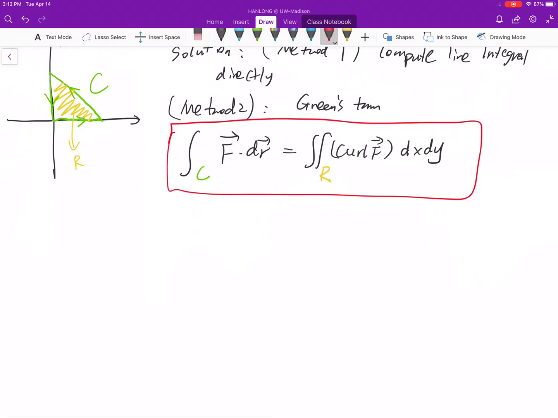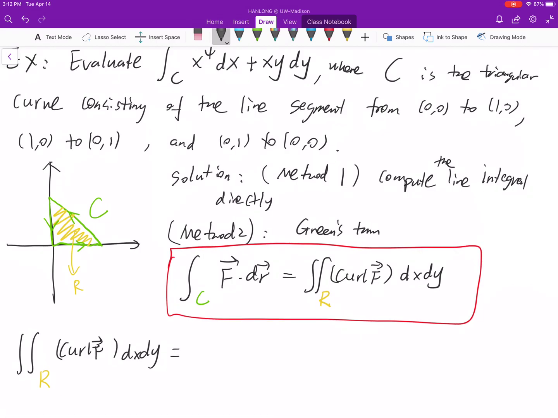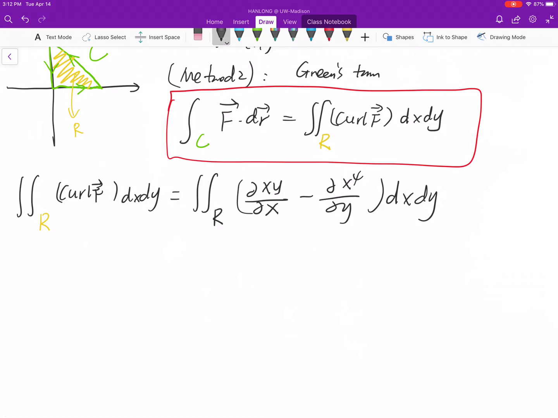Okay, then you need to figure out what the right hand side is. The right hand side is not that complicated due to the shape of the domain. Recall curl is partial Q partial x minus partial P partial y, dx dy. Then what do you have? Actually, you have the integration of y dx dy.